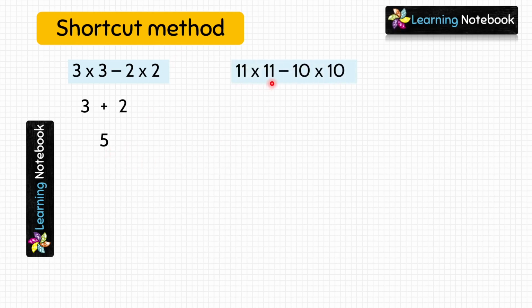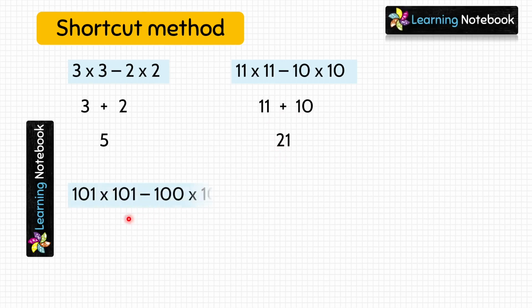Now let's do another example. 11 into 11 minus 10 into 10. Here first number is 11, second number is 10. Just add them. 11 plus 10 equals 21. So we get the answer as 21. Now let's do a difficult question. Here question is 101 into 101 minus 100 into 100.